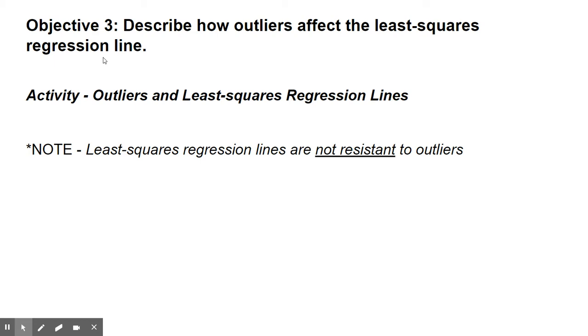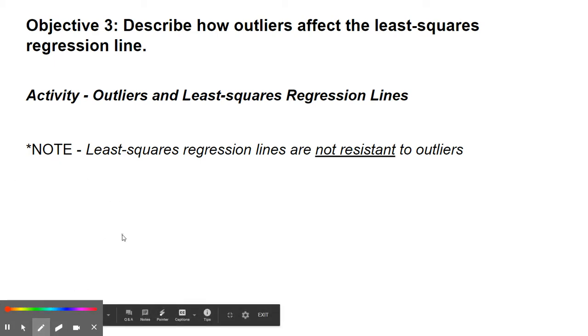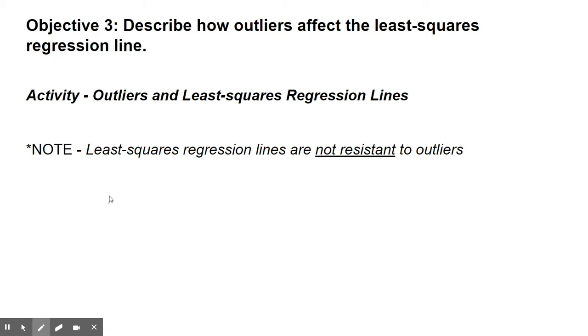All right, so note here, least squares regression lines are not resistant to outliers, okay? If you think about how it is built with the summary statistics, when you do y hat equals a plus bx, remember that this b value is defined by using the correlation times sy over sx. And remember that this a value is found by taking y bar minus b times x bar.